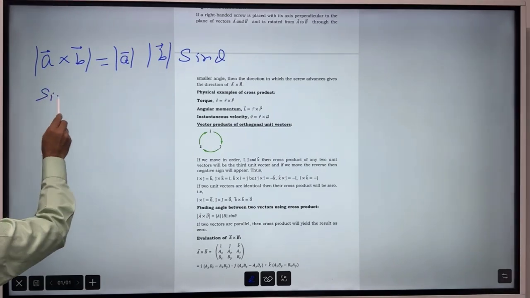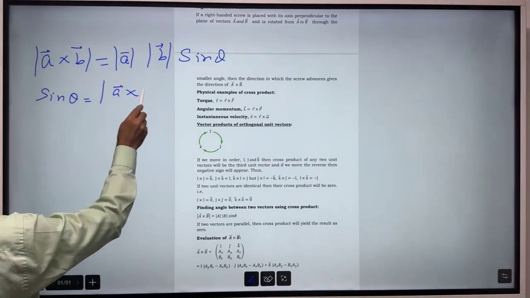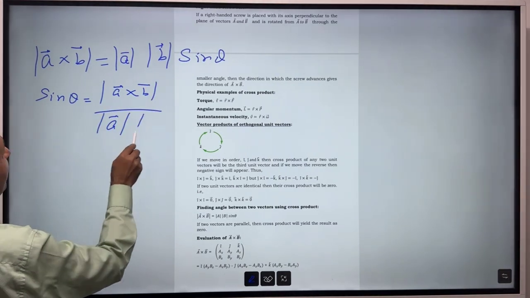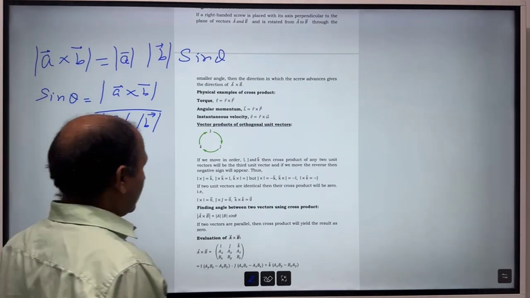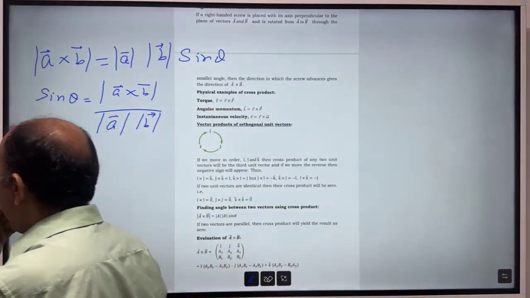So sine theta will be modulus of A cross B divided by modulus of A times modulus of B. Let's see by taking some values so that things will become clear.